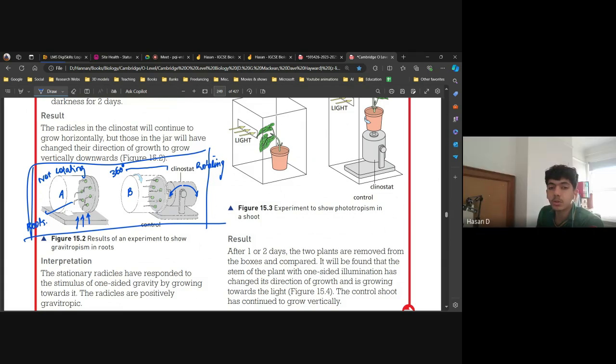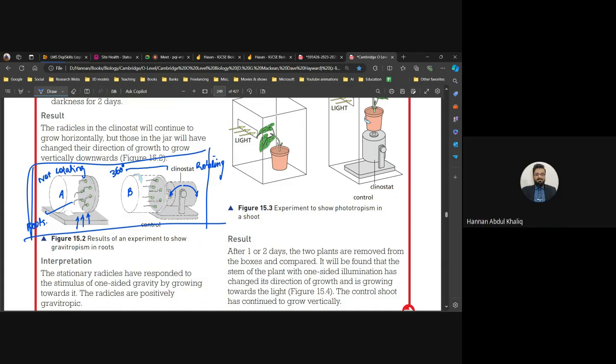Is B the control group? Yes, because we are not changing the independent variable. We are equally distributing the independent variable to all the sides, leading to the concept of control setup, control group.